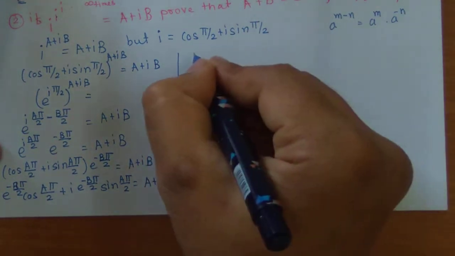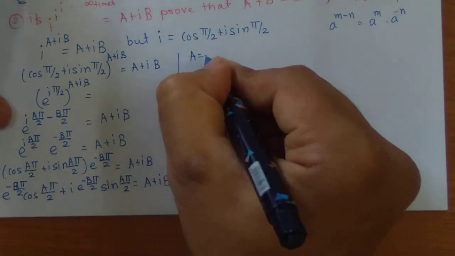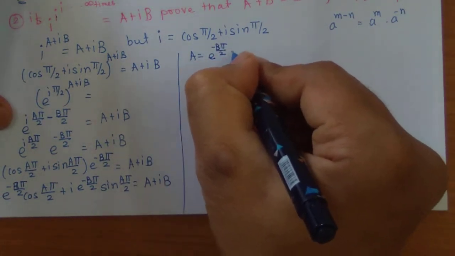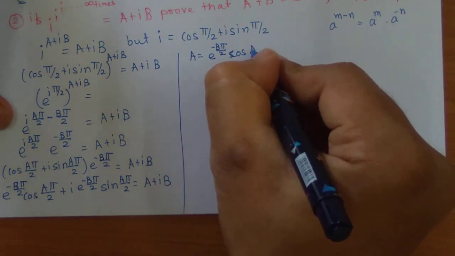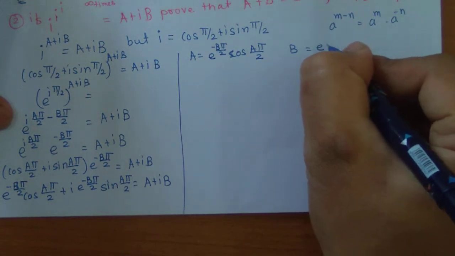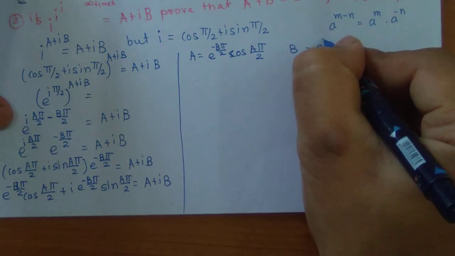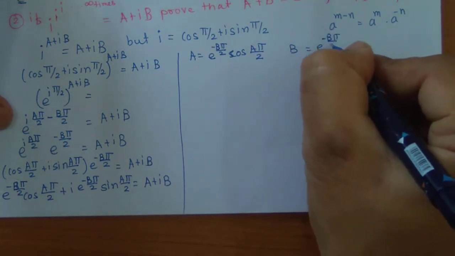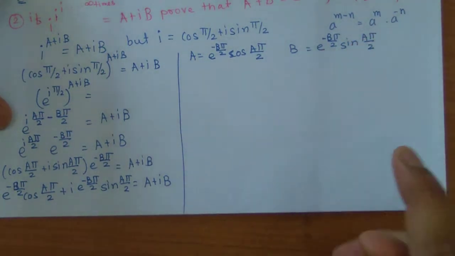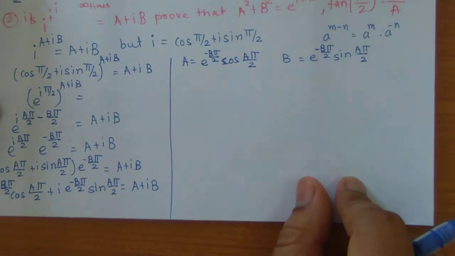Hence from this, the real part is a = e^(-bπ/2) cos(aπ/2) and b = e^(-bπ/2) sin(aπ/2). So this is the real and the imaginary part of this simplification.